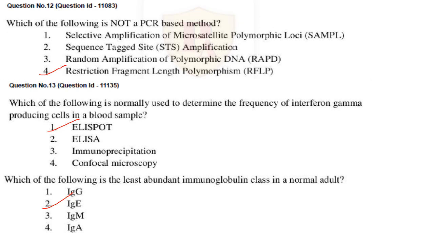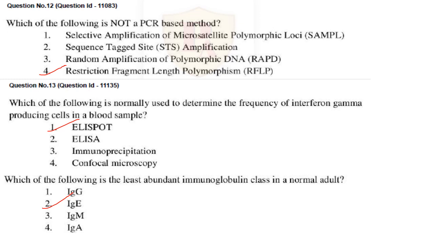The next one. Which of the following is normally used to determine the frequency of interferon gamma producing cells in a blood sample? So it is ELISpot that is used. ELISpot is a method for quantification of the number of analyte secreting cells.